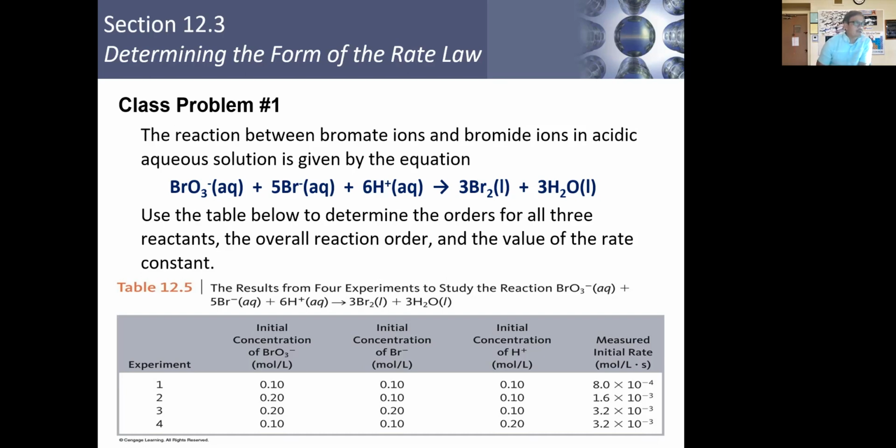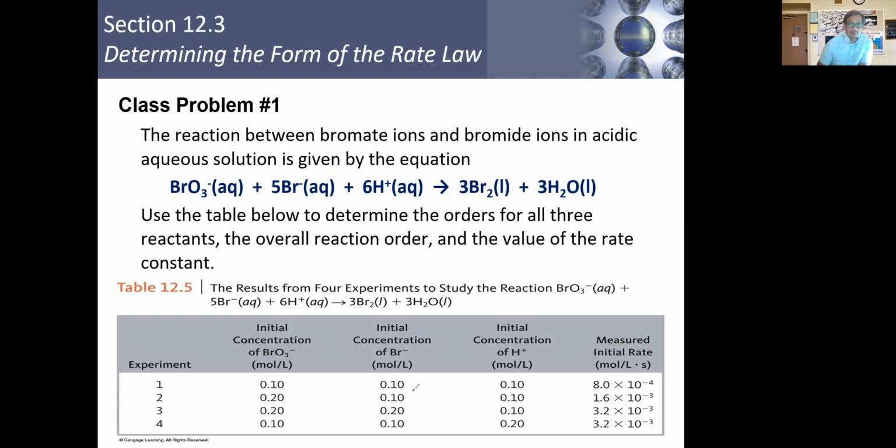But with the differential rate law, you have to make sure you understand that we use this when we are given rates and when we're given concentrations. Okay, so that's what you have to notice here. What we worked out yesterday is that we were able to determine the order for each one of the reactants here, and then add them up and get the overall order for this reaction.